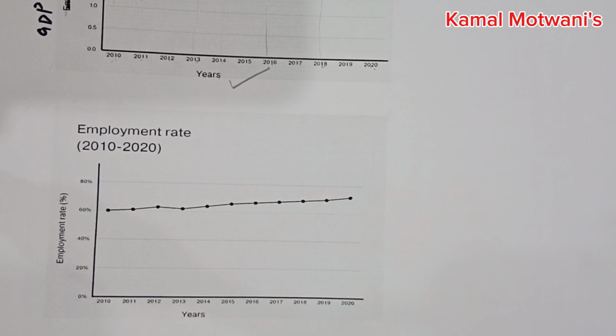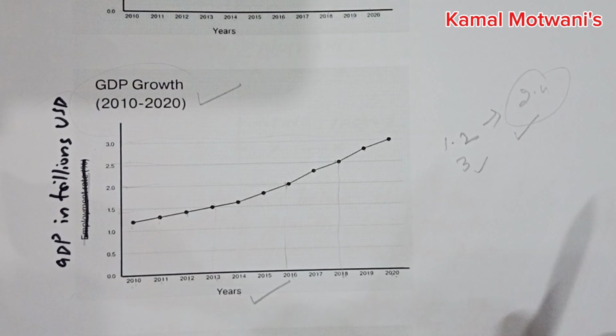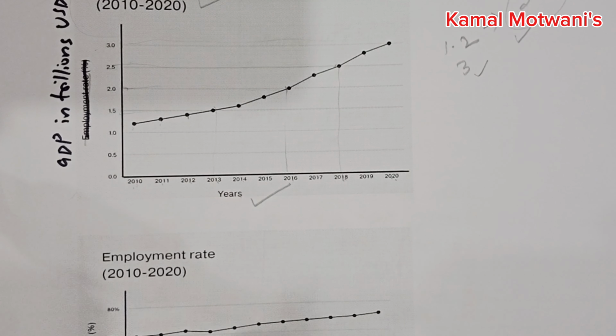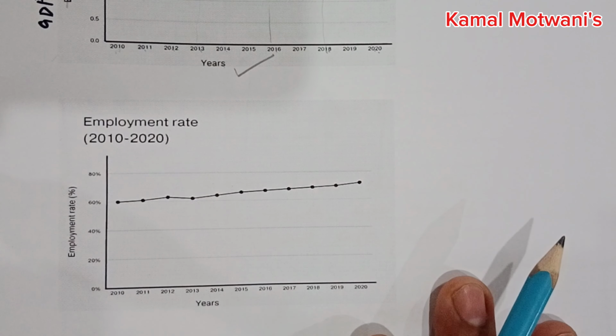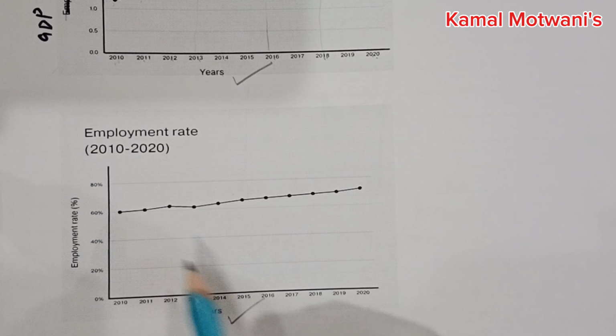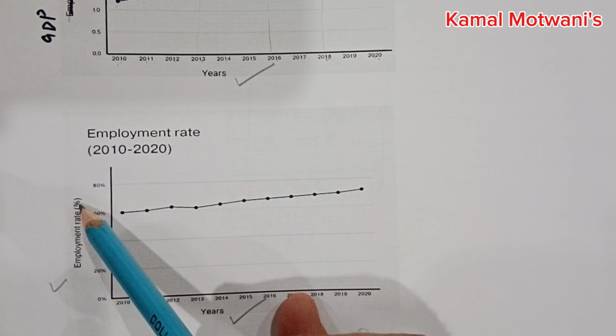This third graph pertains to the employment rate, from 2010 to 2020, over a decade. On the x-axis we are given years, on the y-axis we are given employment, but in percentage format. Do notice that.